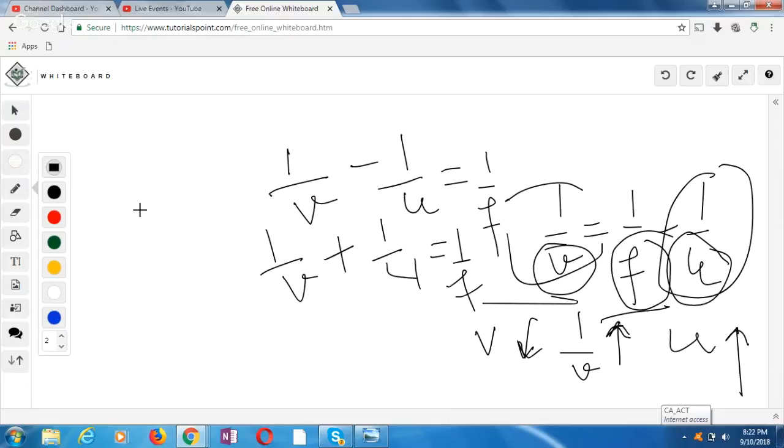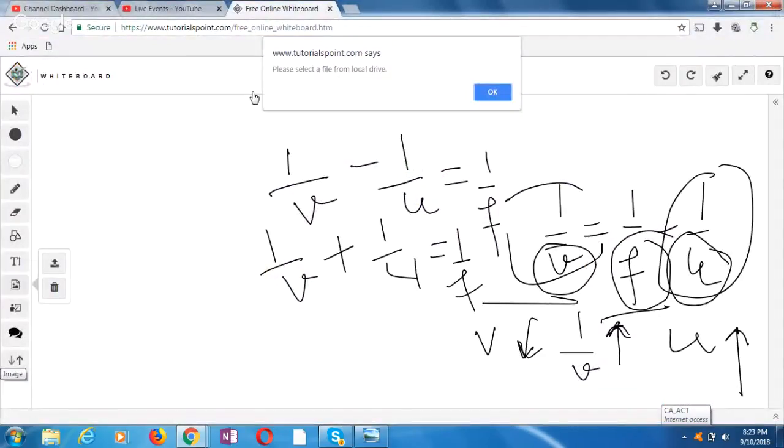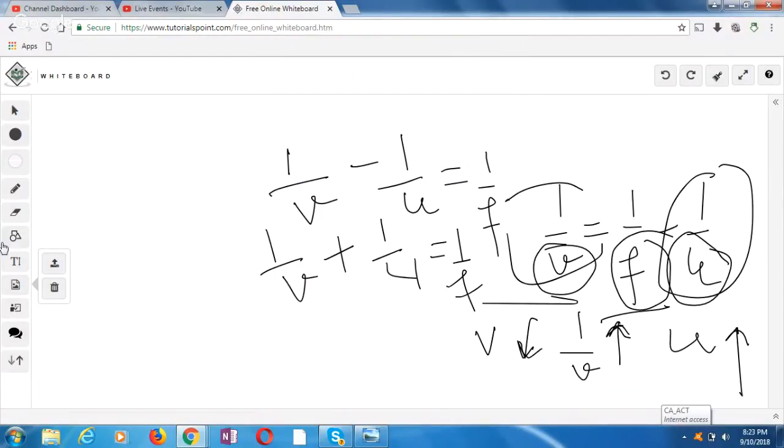So try to understand how it happens. It happens like this. In front of the human eye, we keep the convex lens, something like this.